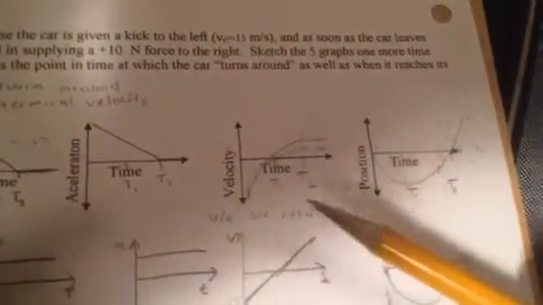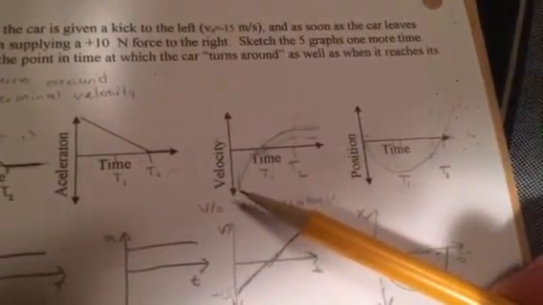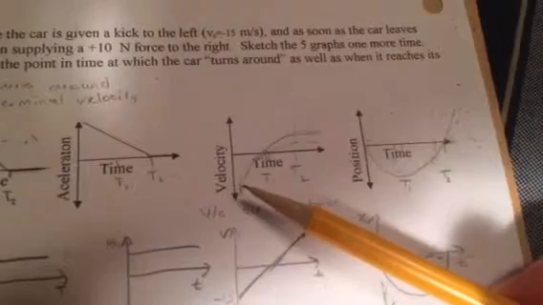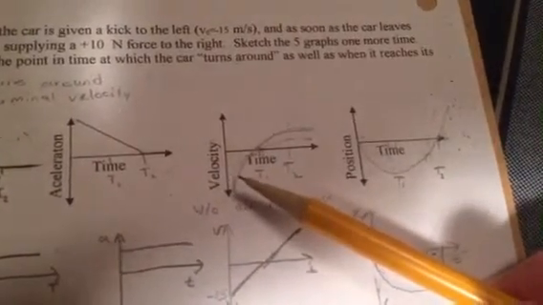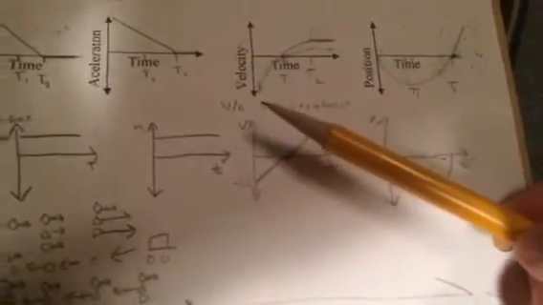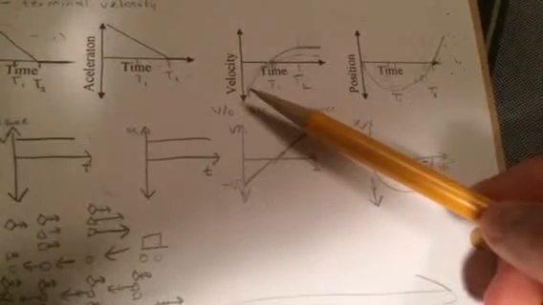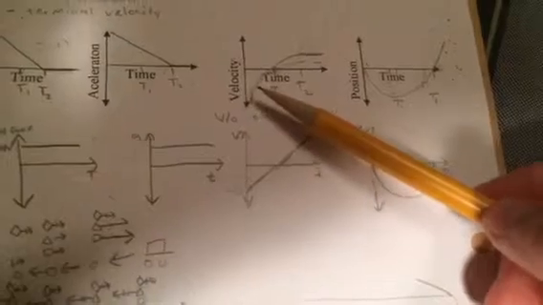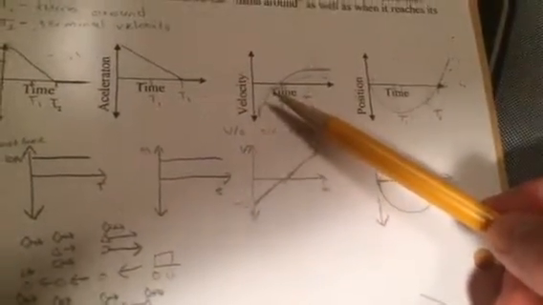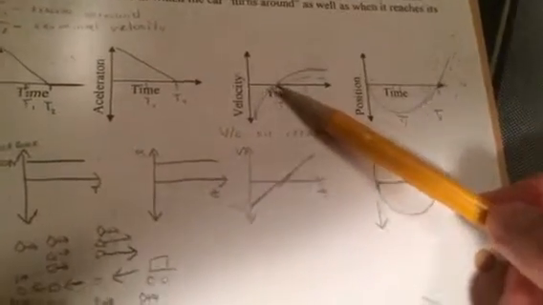The velocity starts out at negative 15 meters per second, and then it is still increasing. Or wait, no, I'm sorry, it's not increasing. Velocity is moving closer to 0, so its magnitude is decreasing, but it's also decreasing at a decreasing rate, if that makes any sense. So that's the reason I drew it like that.